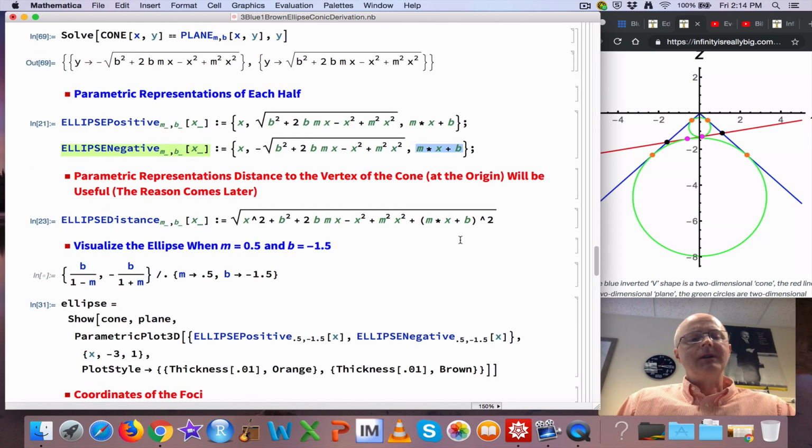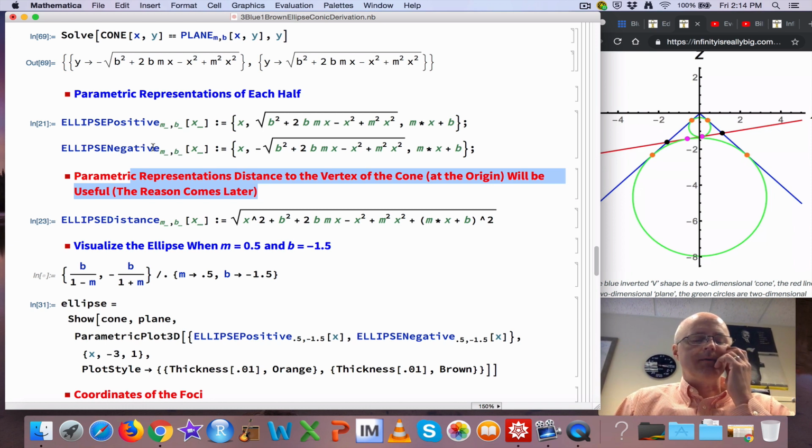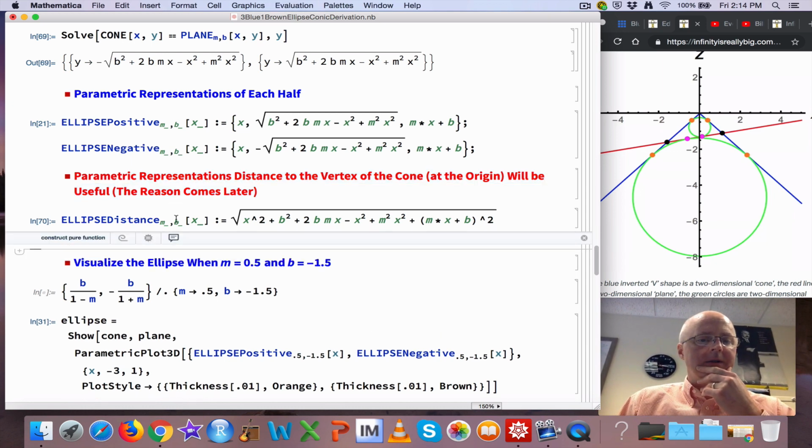It's going to be handy to also define a function that represents the distance between the vertex of the cone and the parametric representation. It's just useful for programming. I may not even mention it later.